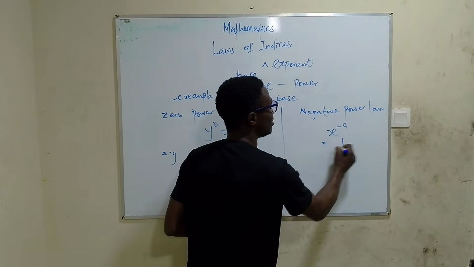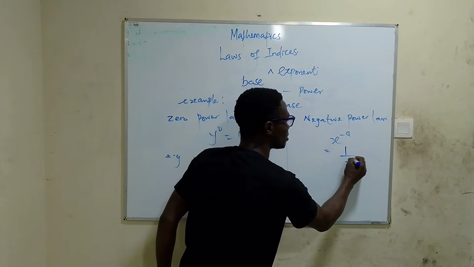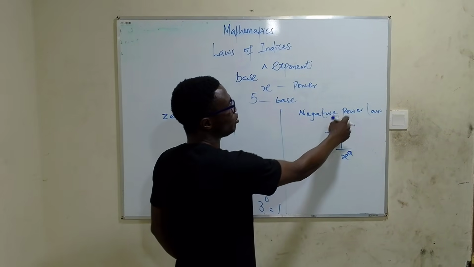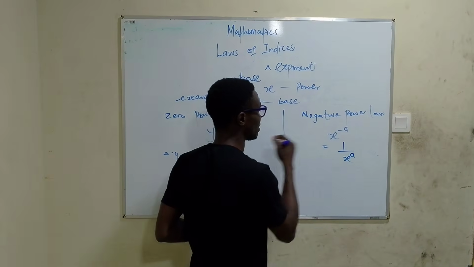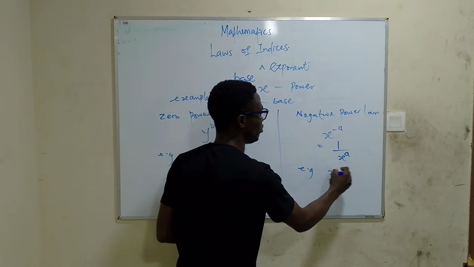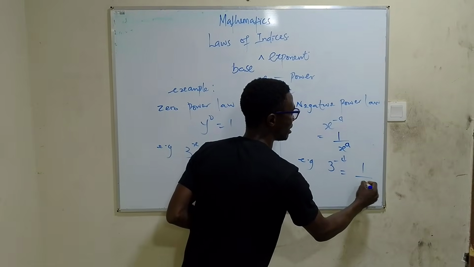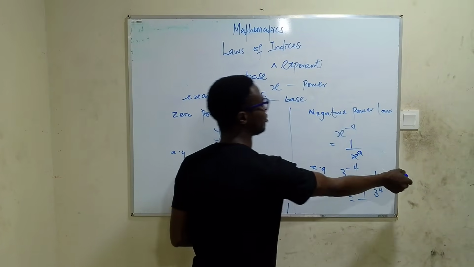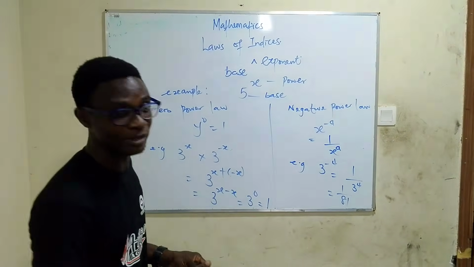So now the power on the base is positive, meaning we've done away with the negative power. For example, 3 raised to power minus 4 is 1 over 3 raised to power 4. 3 in 4 places is 81. So 1 over 81.